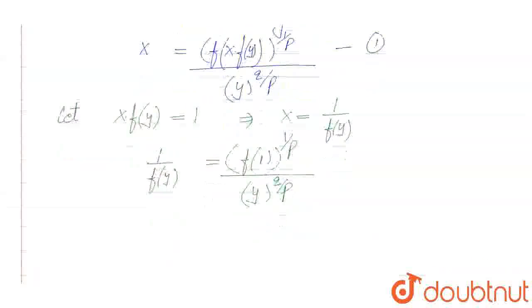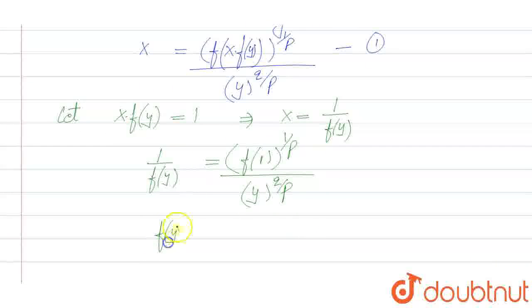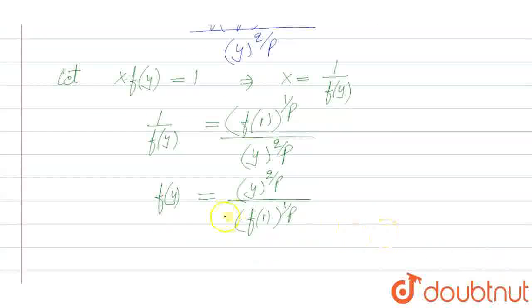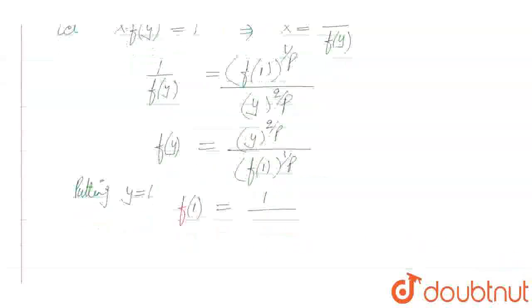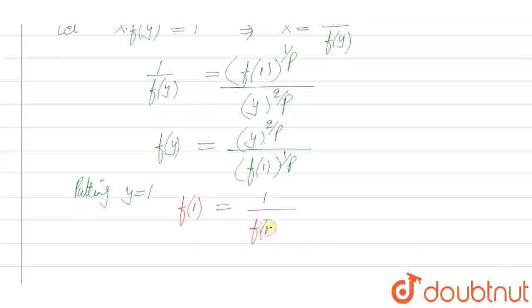So from this, taking reciprocal, f(y) = y^(q/p) divided by f(1)^(1/p). Now we can put y equal to 1. Putting y equal to 1, f(1) = 1^(q/p), which is 1, so 1 divided by f(1)^(1/p).